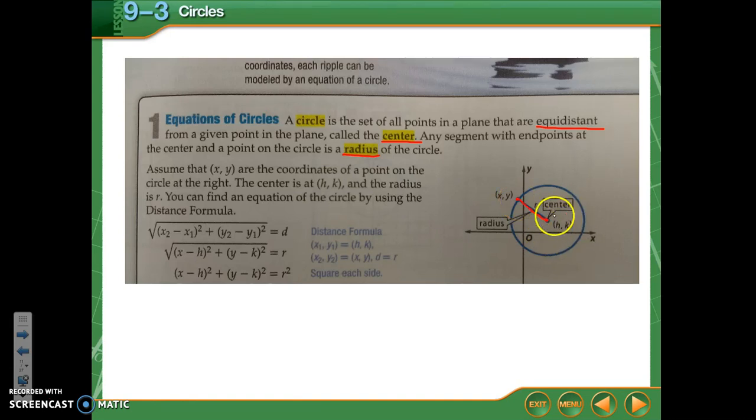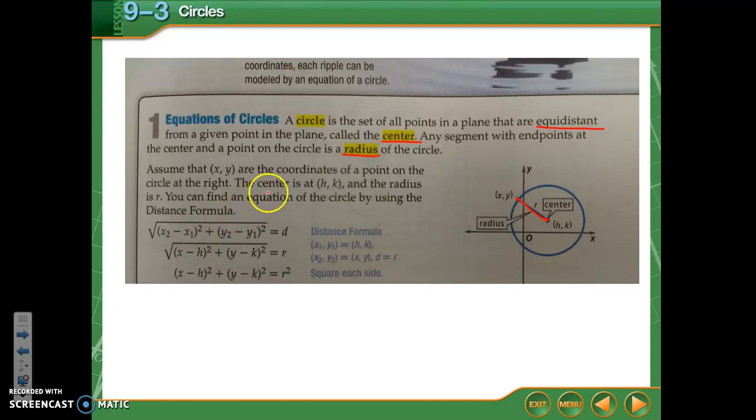My center is again defined by (h, k). The point on my circle is (x, y). So here they're showing us how we get the formula of a circle, basically. If (x, y) is a point on the circle and (h, k) is my center, then the radius is r, so the distance from the center to the edge, the distance from (h, k) to (x, y), would be found using the distance formula, right?